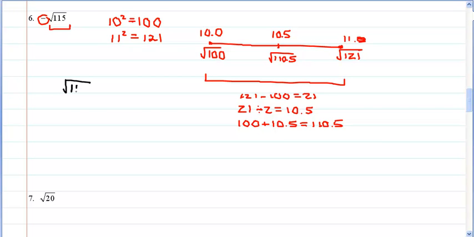So I'm going to take the square root of 115, and I'm going to say that it's right about here, and I'm going to estimate this to be about 10.7. So the square root of 115 is approximately 10.7, but I had a negative in front, negative the square root of 115, which is approximately negative 10.7.